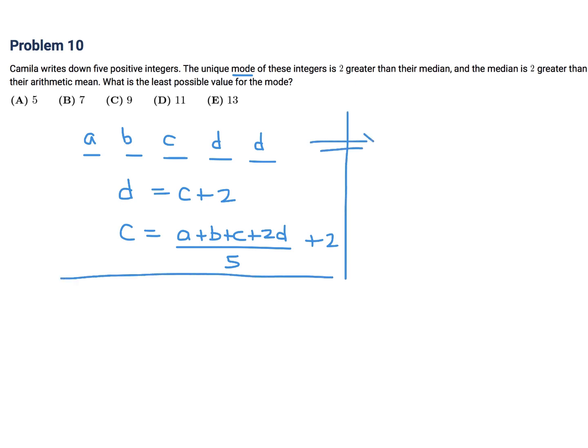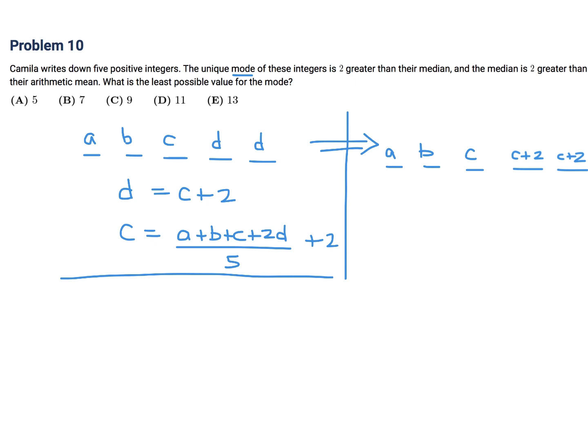Now let's write this as much as we can in terms of one variable, or I don't think we'll be able to get it in one variable, but let's try to see if we can combine it. So a and b, I don't think there's much we can do there, but c, can I do anything with c? I don't think so, but d I can write as c plus 2. So these are my 5 integers.